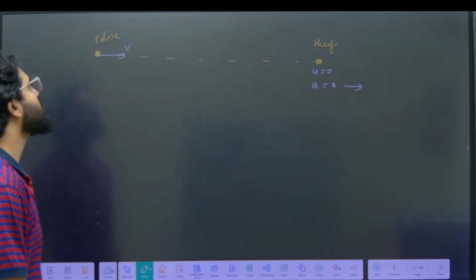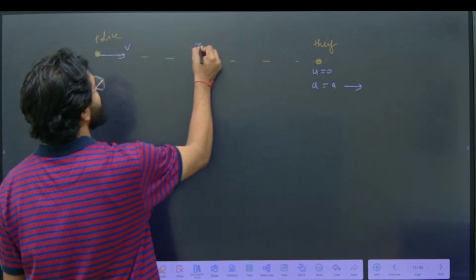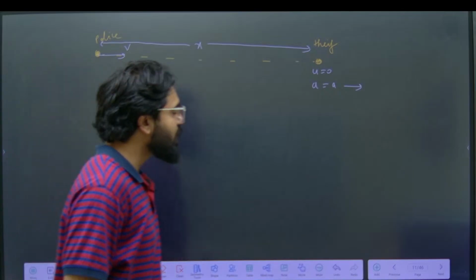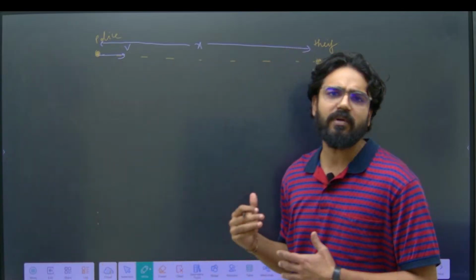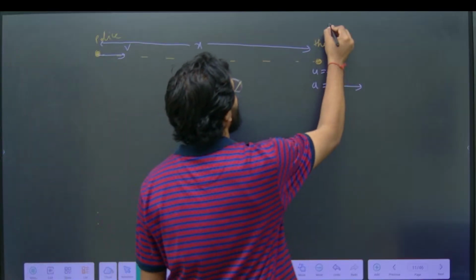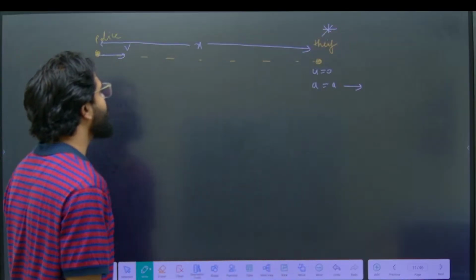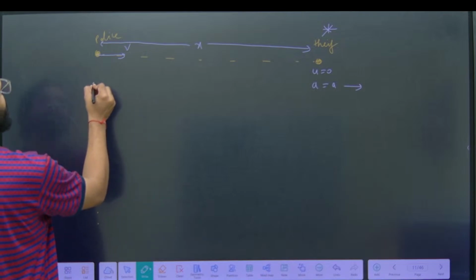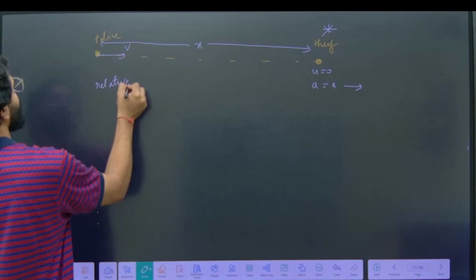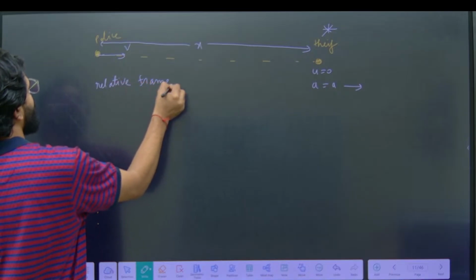Correct? So let's do this, and the distance between them is x. So let's do it in the relative frame. It will be much easier for us. Correct? So we are stopping the thief, and in the relative frame what will happen? In the relative frame, what will happen, bhai sahab?